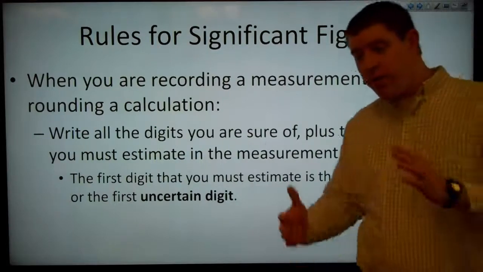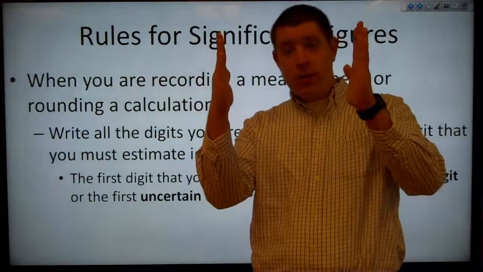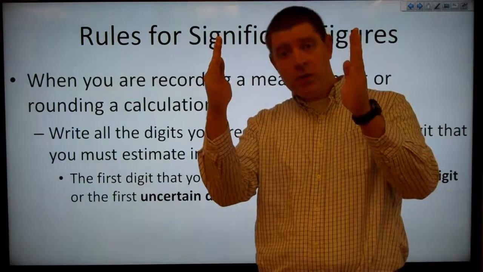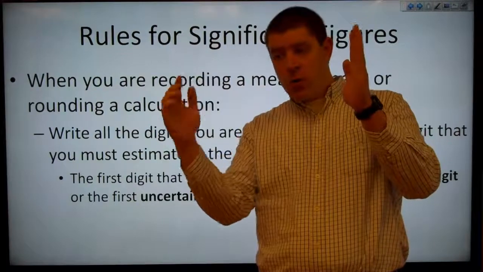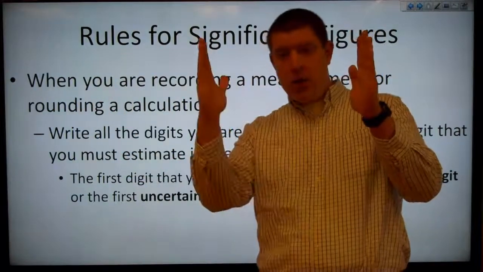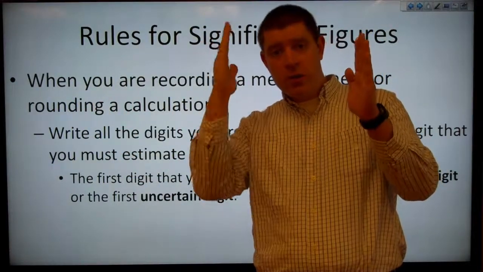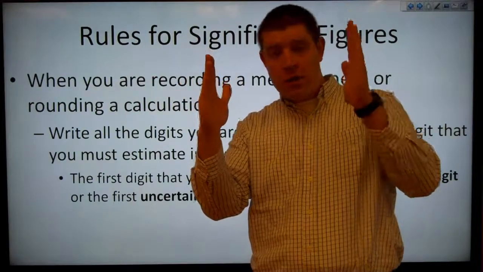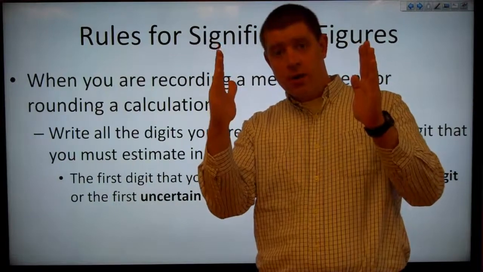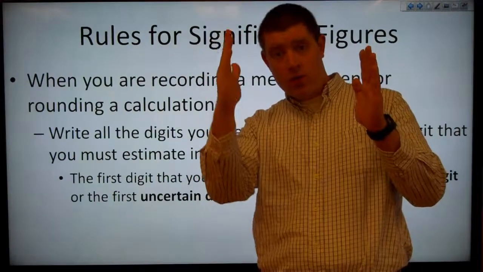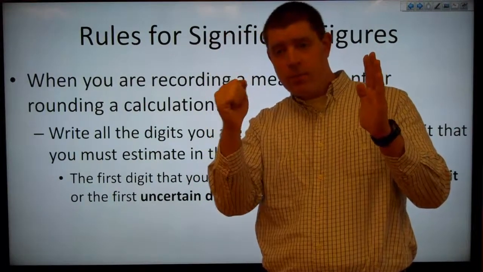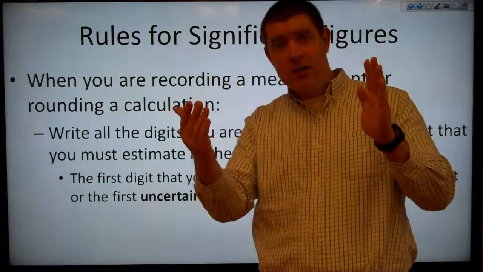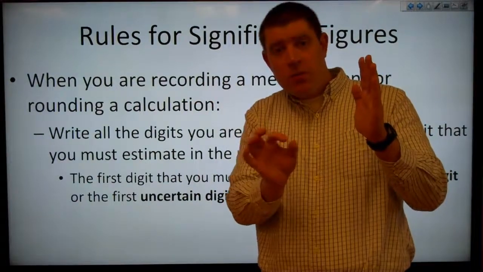So if you have a ruler with graduation lines, let's say those are in the ones place, and you've got some object that is this long, you know that it's longer than this mark, coming from the left, and shorter than this one. So you know the ones place is whatever number this one is, and then you know the digit past that, the tenths place, is something in between.